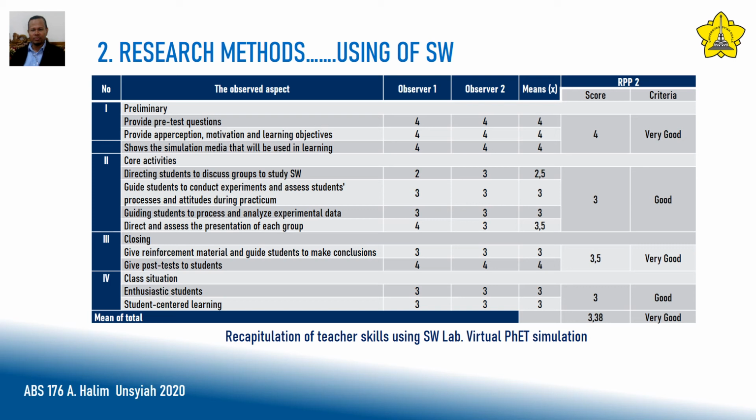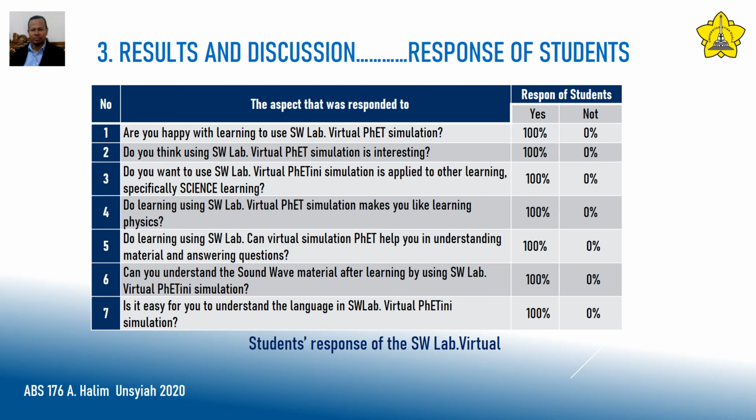All activity from observer 1 and observer 2, we get 3.38, meaning very good.